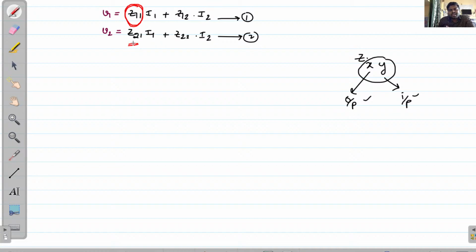By making I2 equal 0, we are able to find two z parameters: one is z11, the other is z21. In a similar context, if I make I1 equal to 0, from these two expressions I can evaluate z12 as well as z22.